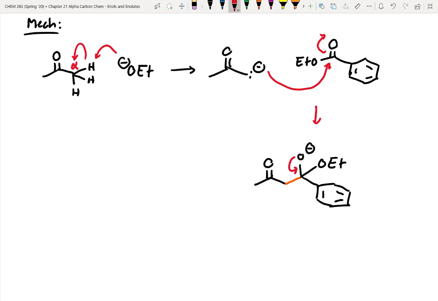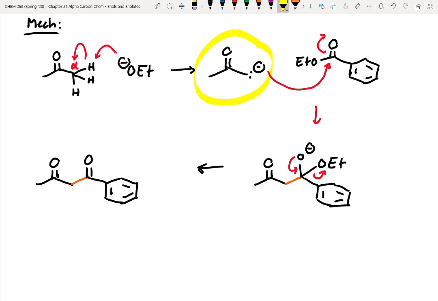And then in our last step, we can clamp down and kick off our leaving group. And we can end up with our new product. I'll keep this new bond in orange, where we have a new ketone. So as you can see, this even works if you're working with something like a ketone that can form an enolate.